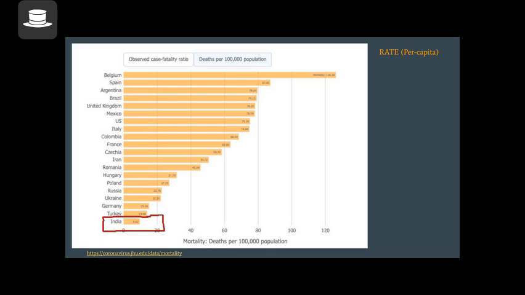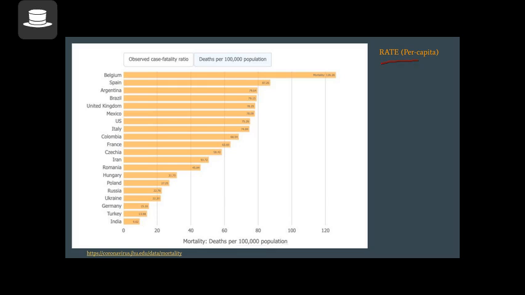In a very densely populated country, you would expect more infection rates and more deaths per population. In less dense areas, you would expect less infection rate and less deaths per 100,000 population.